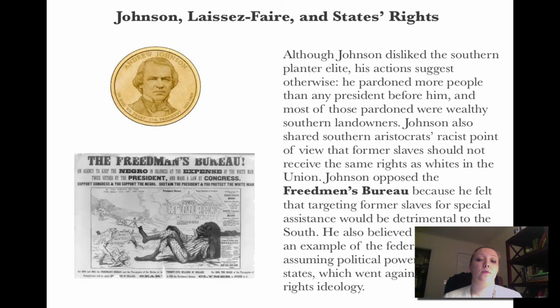Johnson opposed the Freedmen's Bureau because he felt that targeting former slaves for special assistance would be detrimental to the South. He believed the Bureau was an example of the federal government assuming political power reserved to the states, which went against his pro-states' rights ideology.